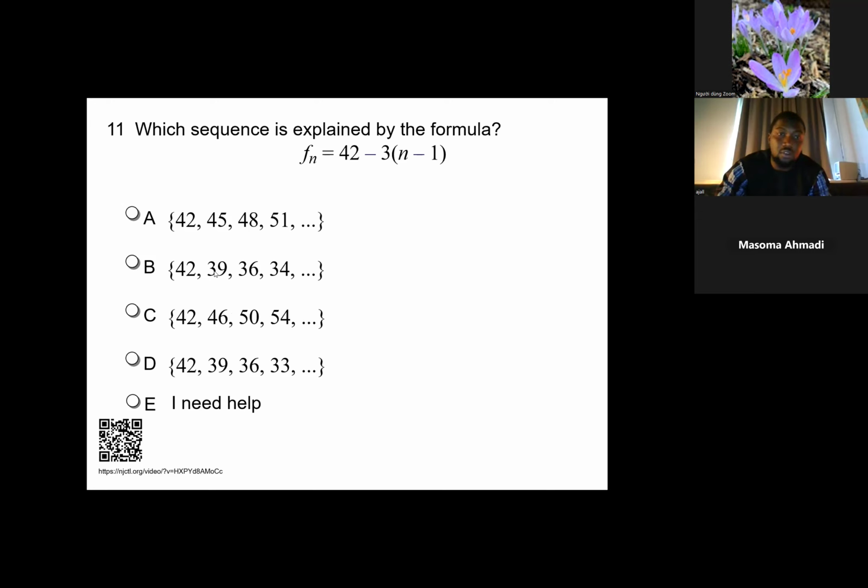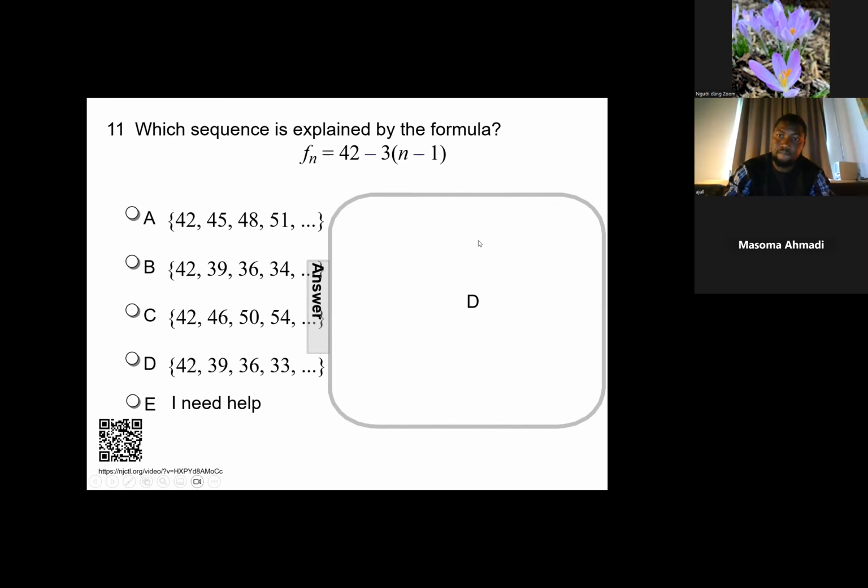So B and D have 39 as the second term, which is right, and 36 as the third term, which is right. 34 is a subtraction error. So the correct answer is option D.